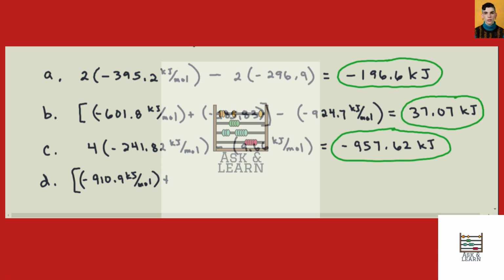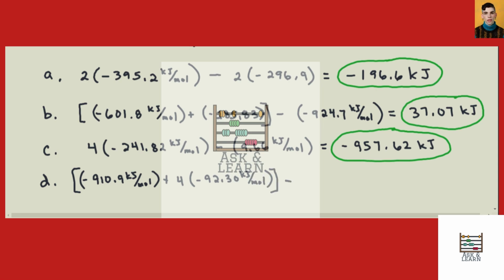And we're going to add that to the other product, HCl, in its gaseous state. There are 4 of those. Notice when you're looking these up, you do have to correspond the state as well. So HCl in its gaseous state is negative 92.30 kilojoules per mole.